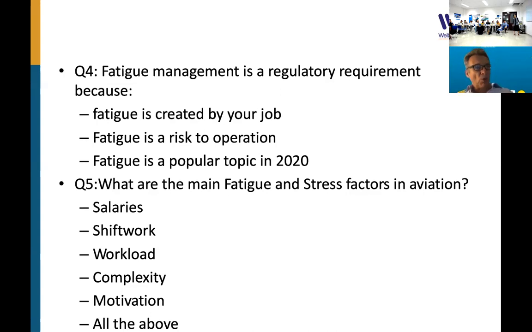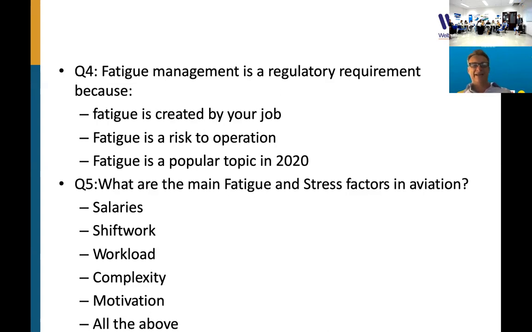Shift work, workload, complexity of the operations, motivations, or all of the above. It can be only one answer. Okay, hands up. All of the above. Any other specific options? I think we're all in agreement. It's all of the above.